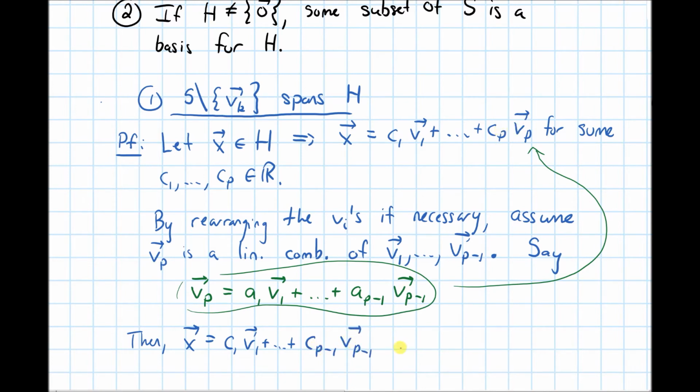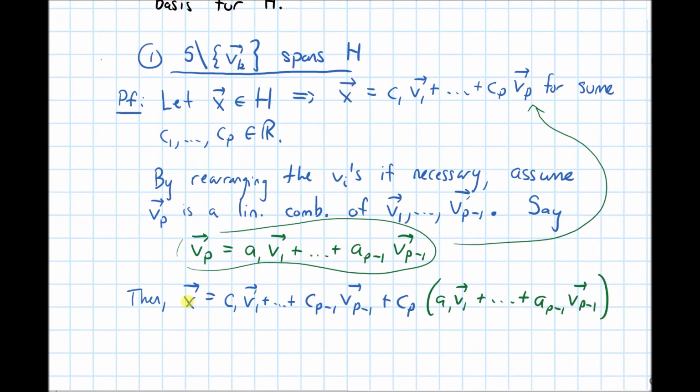And then the last term is cp times, and for the vp, let's plug in a1 v1 plus ... plus ap minus 1 times vp minus 1. Notice that x is now written only in terms of the vectors v1 up until vp minus 1.